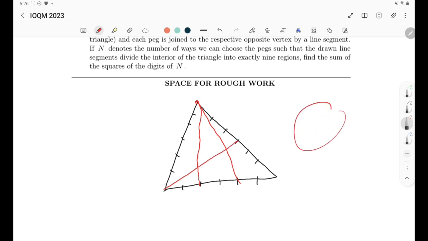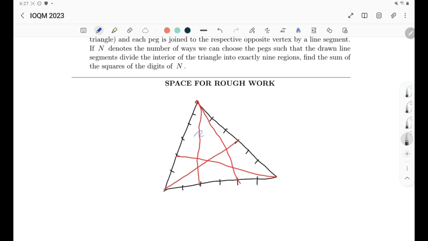But now if we do something like this, like 2 of them, then will we have what we want? 1, 2, 3, 4, 5, 6, 7, 8, 9. Yes, so that's good. So that means if we just do something like this, 2 and 2, that will be good. But what if we do something like this? If we do something like this, let's count 1, 2, 3.